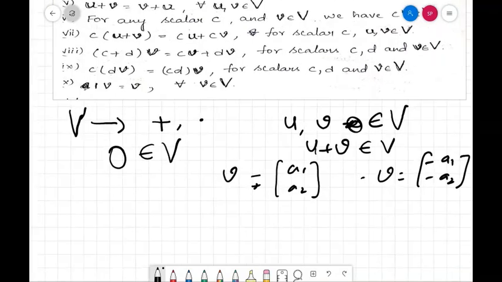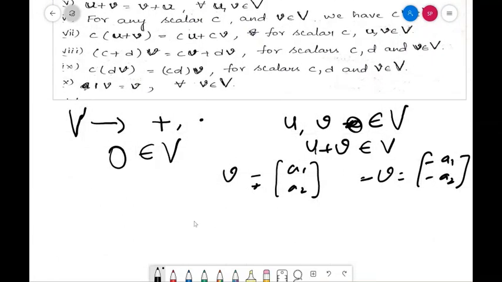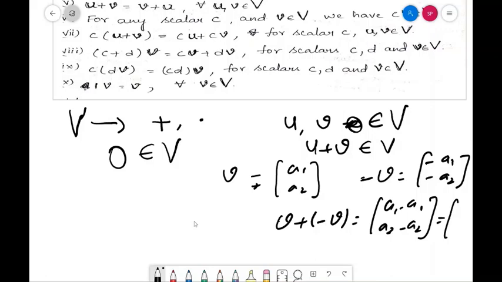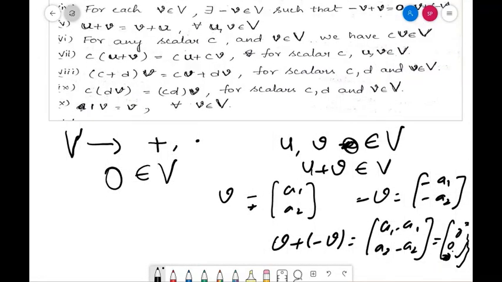When you add these two, v plus minus v gives you a1 minus a1, a2 minus a2, which is nothing but (0, 0). So minus v is the additive inverse of plus v. In this set of vectors V, there should always be minus v for each v. That is the fourth one.